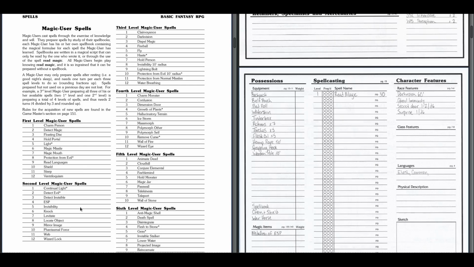So 2d12 here, 2d12 here. I could do that. Also, do I want to use the supplemental new spells? Let me pull that up and I'll go over it, and I'll try to figure out if I want to do that.